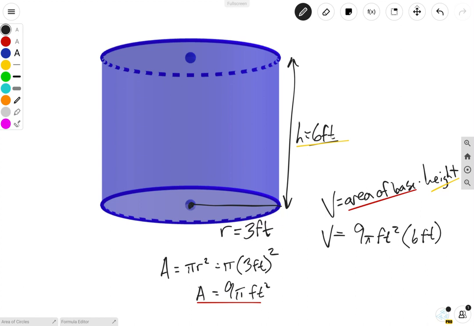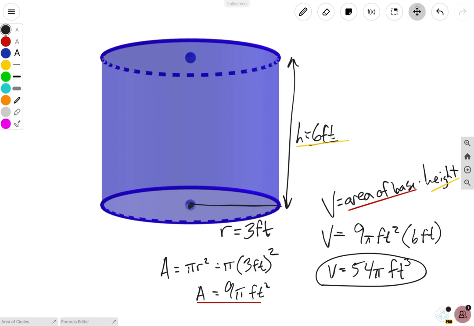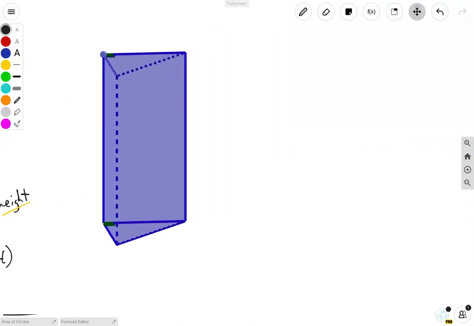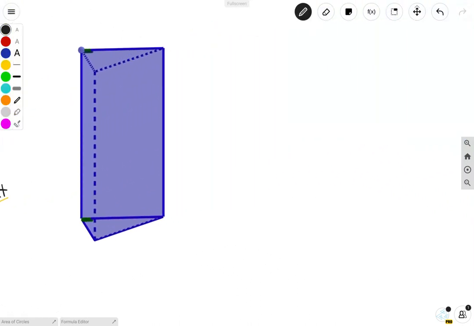All right, so now we've got volume equals, so 9 times 6 gives us 54 pi. Now we have feet squared times feet, so we have cubic feet. And cubic feet makes sense for a 3rd dimension measurement. Volume's measuring in a 3rd dimension, so we've got it cubed. There's volume for a cylinder.